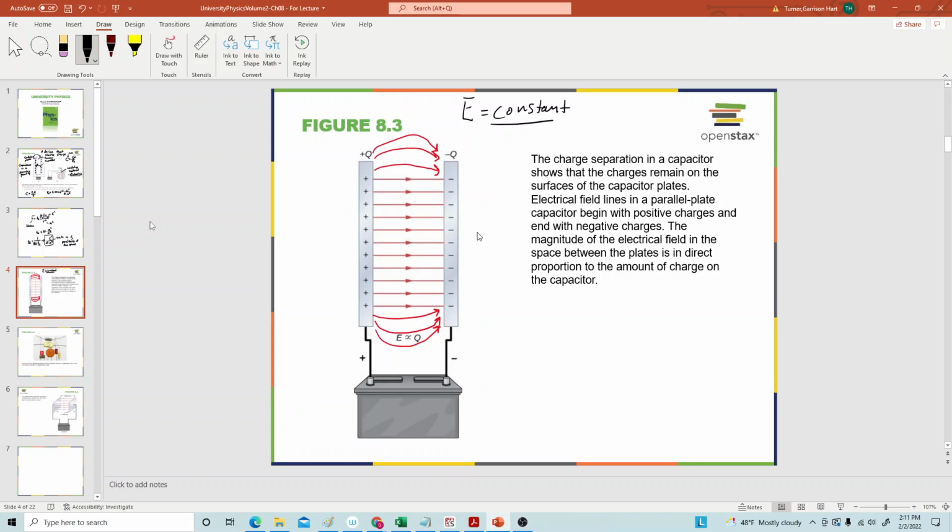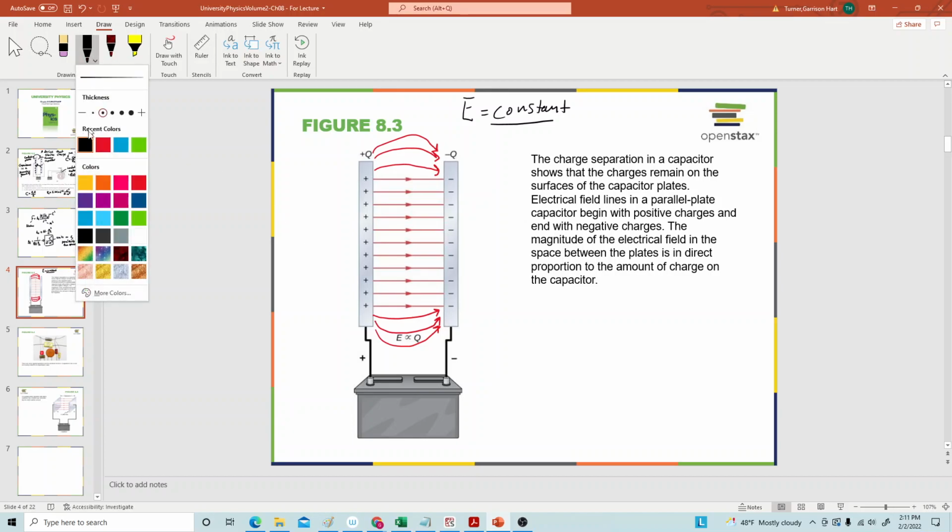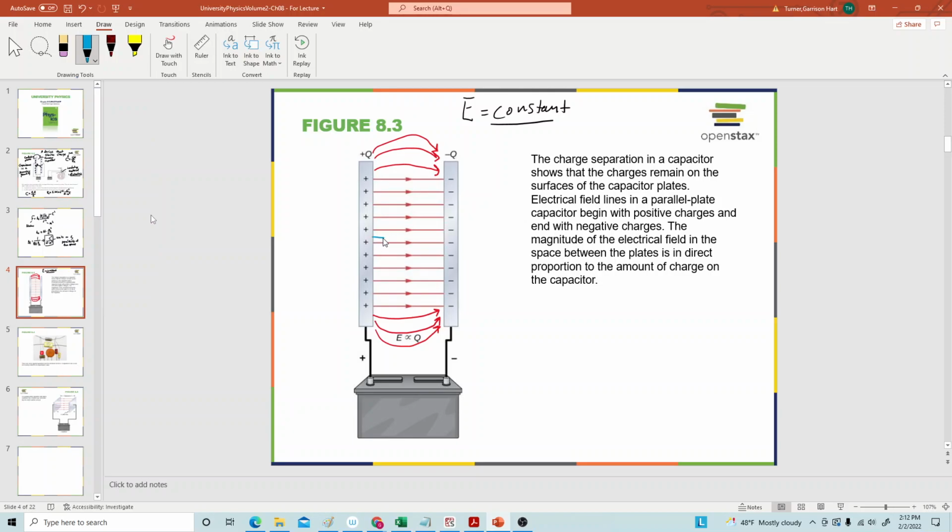As soon as you connect the plates, let's say you connect the two plates with a wire anywhere, what really happens is the negative charges, the charges that can move, would flow through the wire and would neutralize both plates.